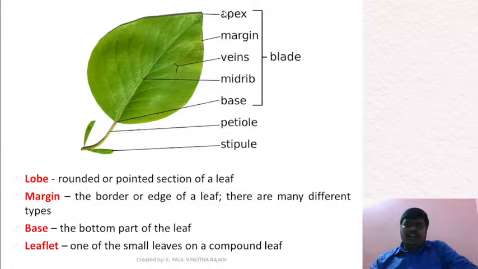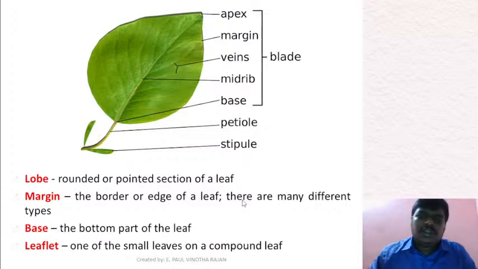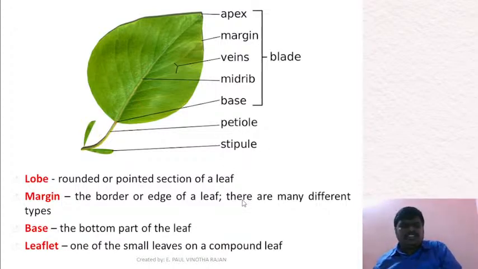The border of the leaf we call the margin. The bottom of the leaf is called the base. And this part, a leaf-like structure at the nodal region, we call the stipule. These are all the different parts of the leaf.